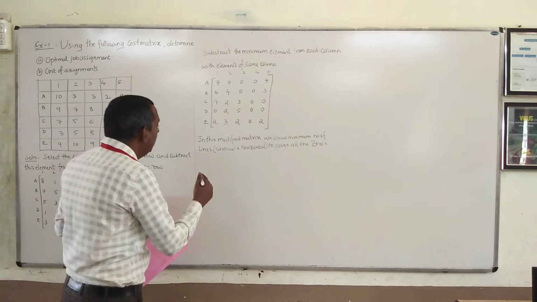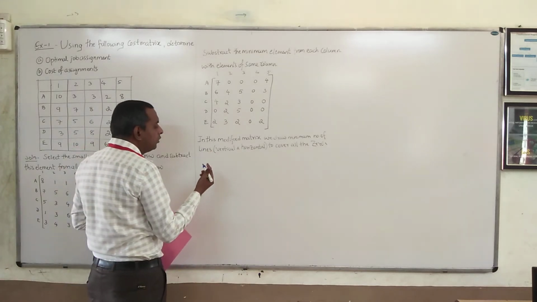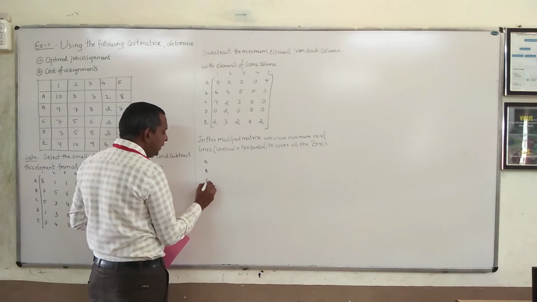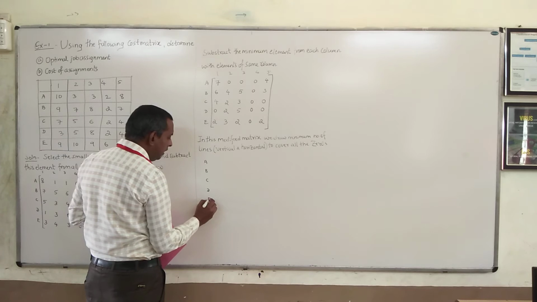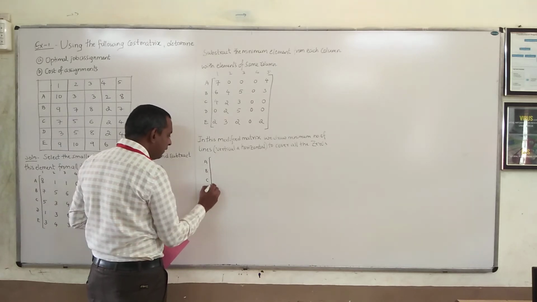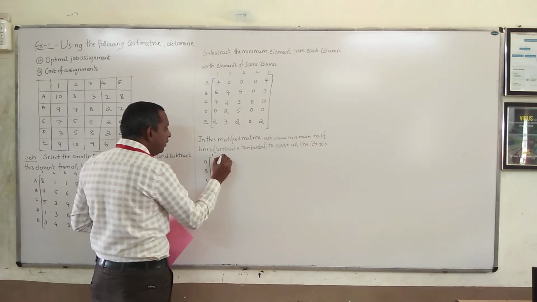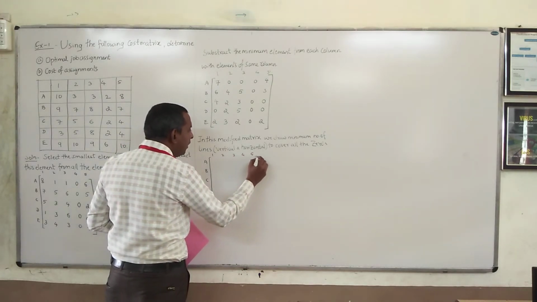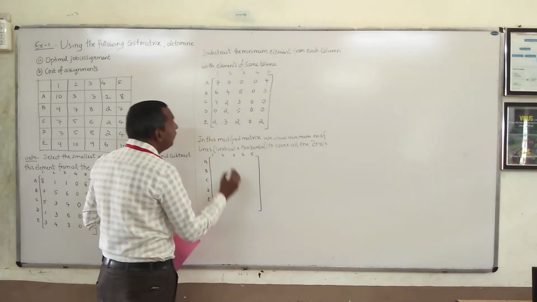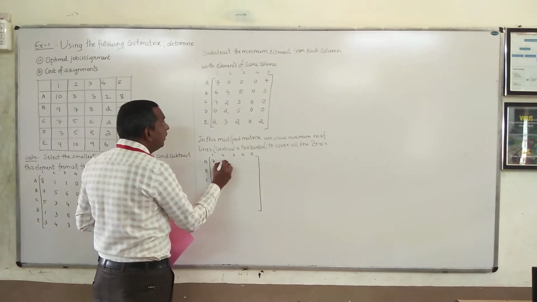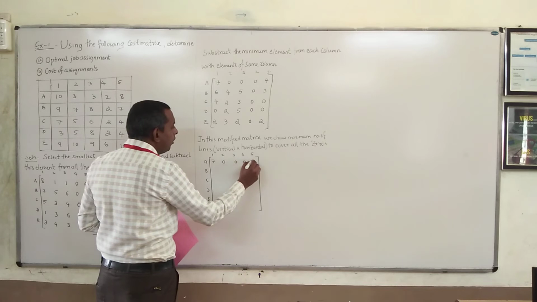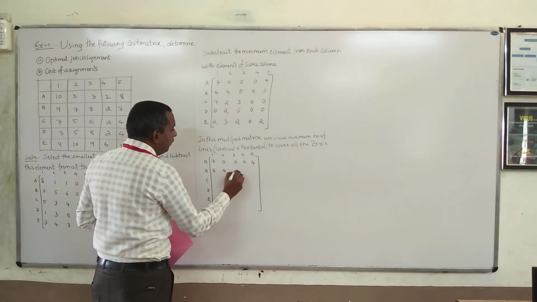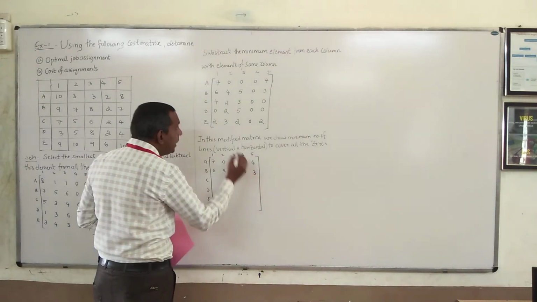So let me again draw the table here. So this table is nothing but A, B, C, D, E. It is 1, 2, 3, 4, 5. Fine, it is 7, 0, 0, 0, 4. It is 6, 4, 5, 0, 3.